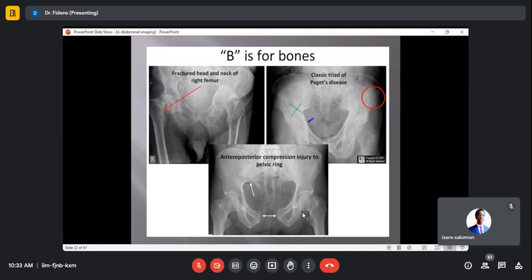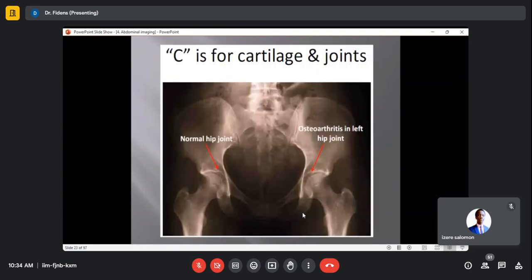Please remember, A is about adequacy, alignment, and apparatus. B is about bones and calcifications. And C is about joints and cartilage. Cartilage is part of what is contained in joints; they just mention cartilage so that it can be C, but it's for joints. Okay, please check if there is any joint problem.